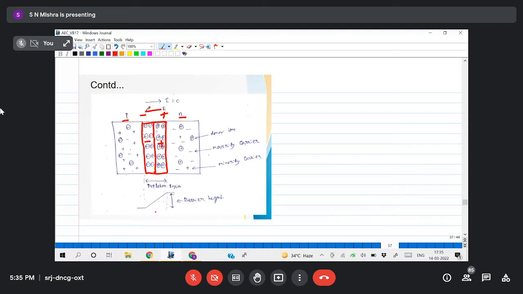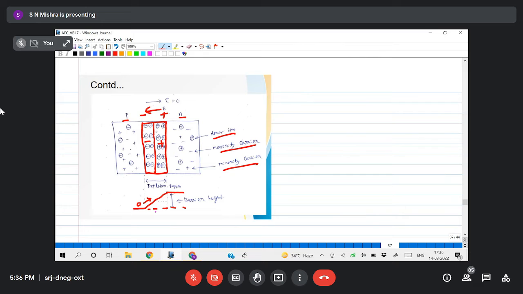So an electric field is generated, directed from positive to negative. Due to that, the barrier is formed. If a hole tries to move, it has to overcome this barrier, and this is your barrier height. And due to that, the electron or hole cannot move from one side to the other. This is your donor ion, majority carrier shown.